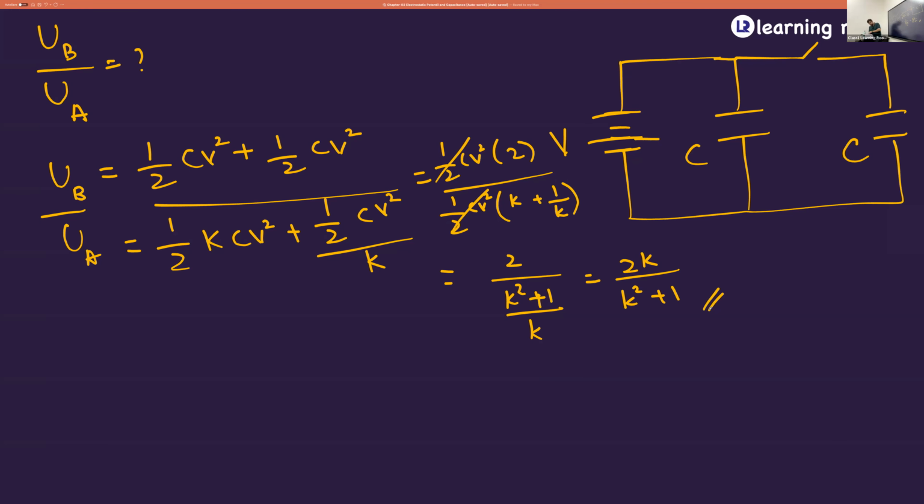So write down this question. There is an electric dipole of length 4 centimeter.